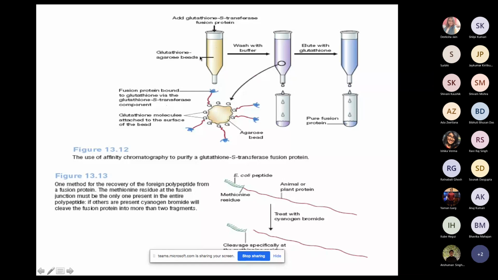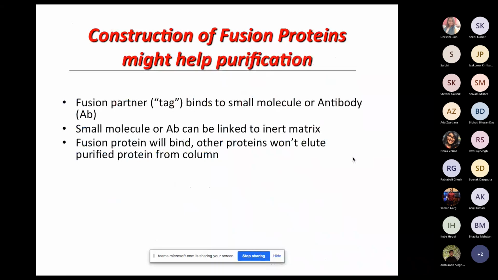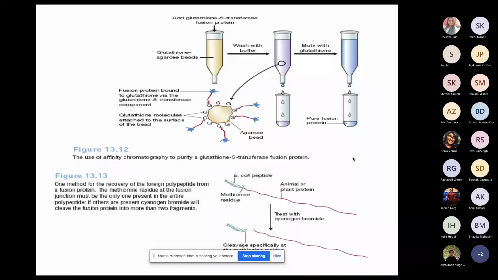So I have these glutathione agarose beads, and my protein of interest will bind to them. Now when I want to elute my protein out of it, I will add extra glutathione so that my fusion protein gets eluted out. Like this, there are so many examples. Please go through these and understand how they are related.